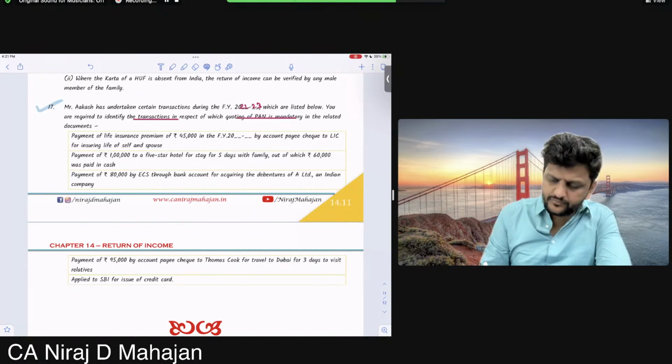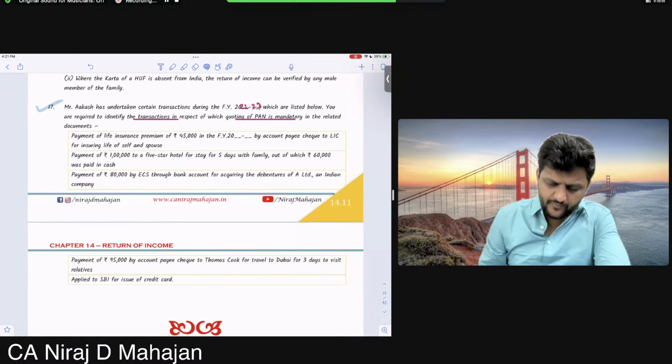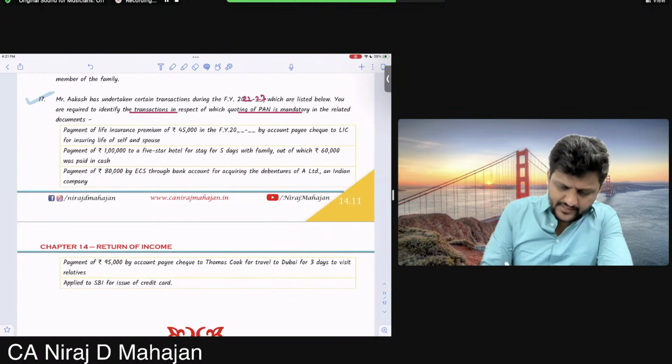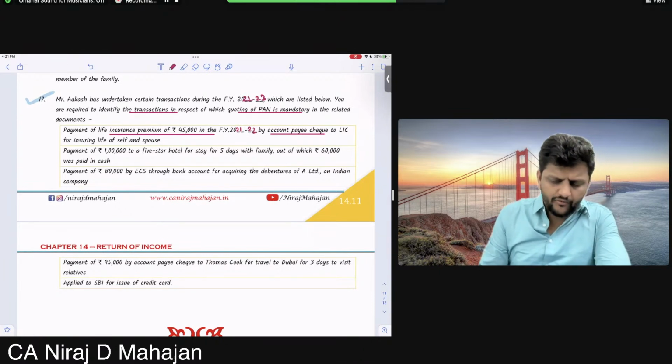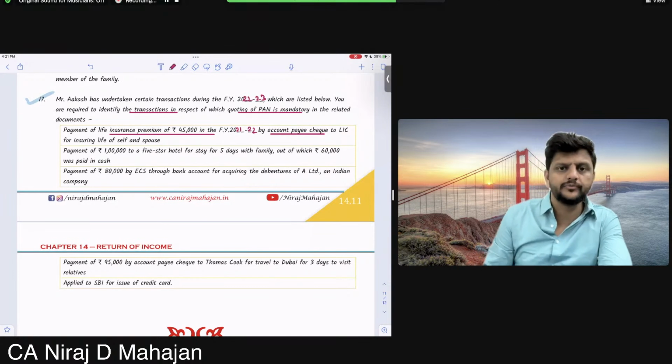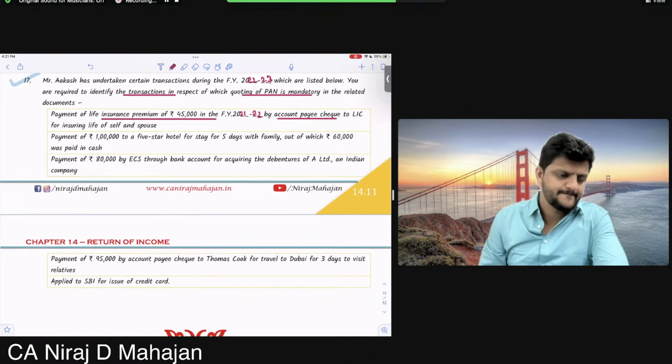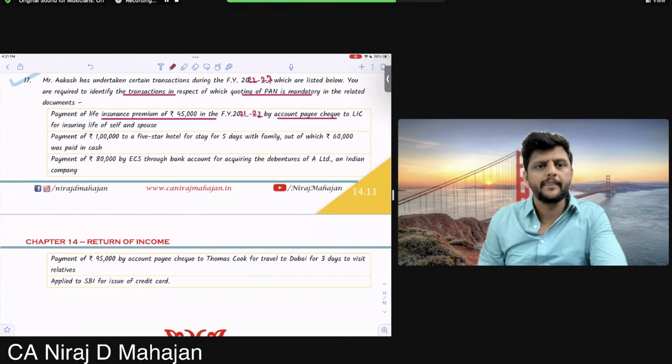Okay, everybody ready? Payment of LIC 45,000 in the current year by account payee cheque to LIC for insuring life of self and spouse. Tell me, all of you. Required or not required?